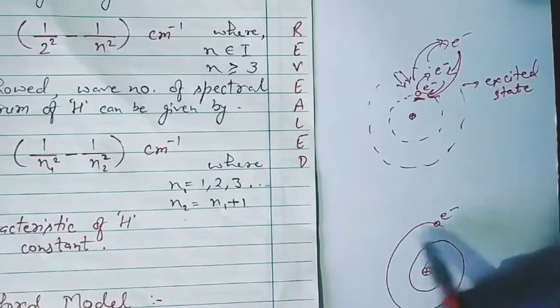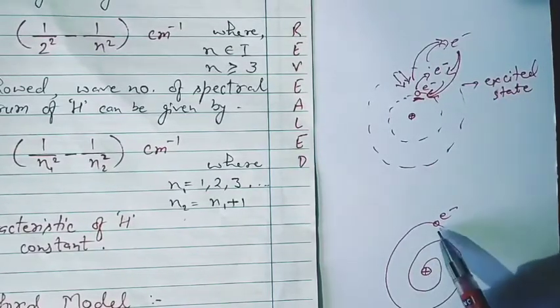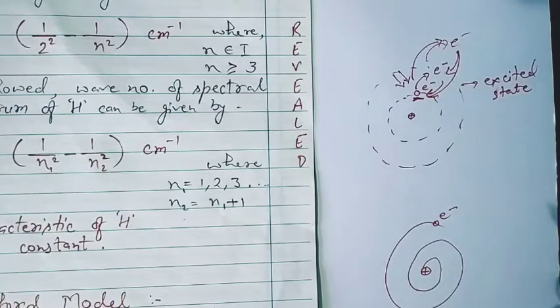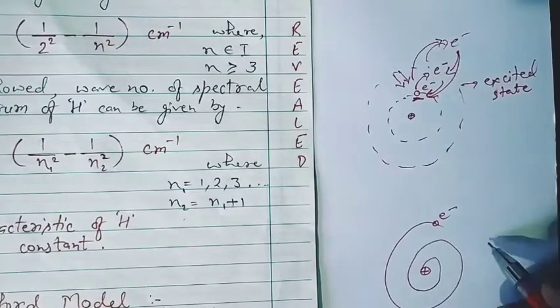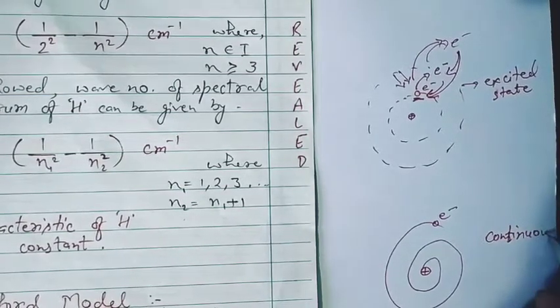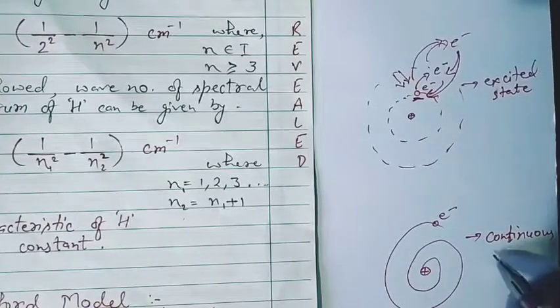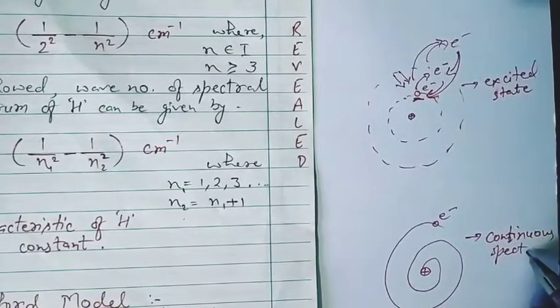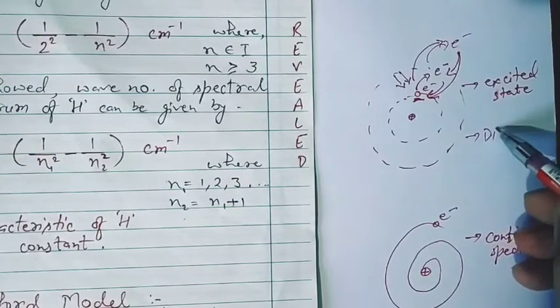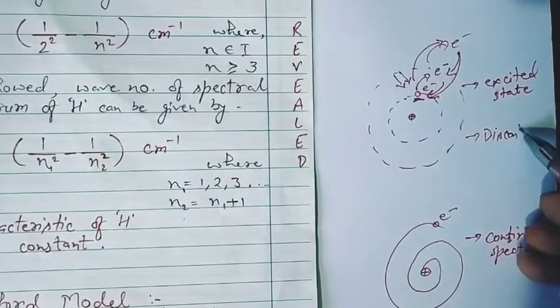Whereas by Rutherford's theory, the electron is continuously emitting energy, so that should give a continuous spectrum. But we do not get a continuous spectrum, we get a discontinuous spectrum.